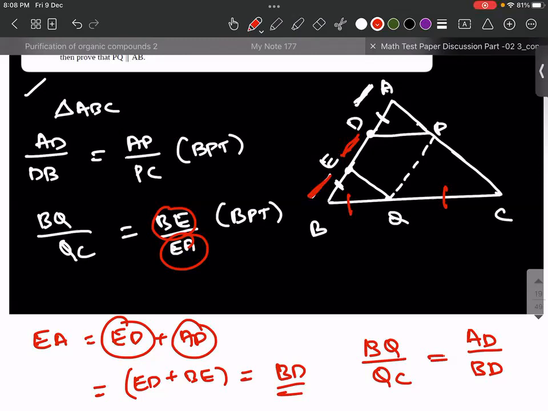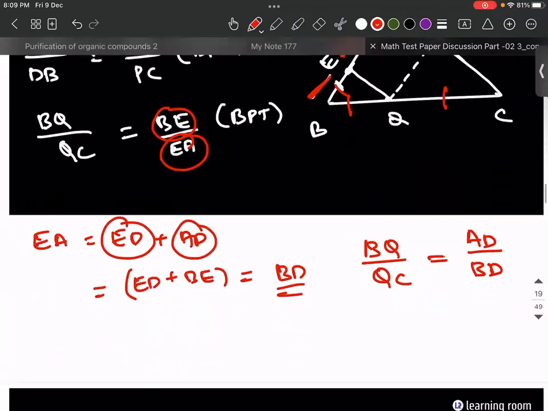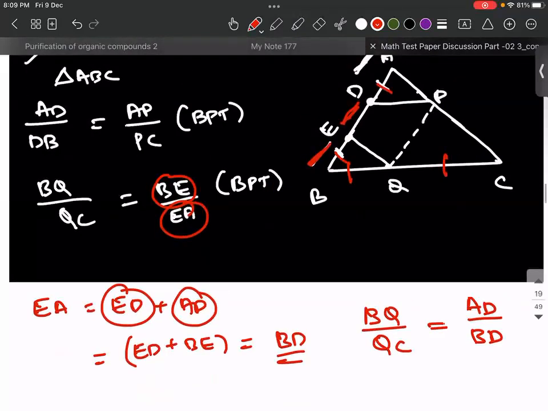So from the converse of BPT, we can say that PQ is parallel to AB.